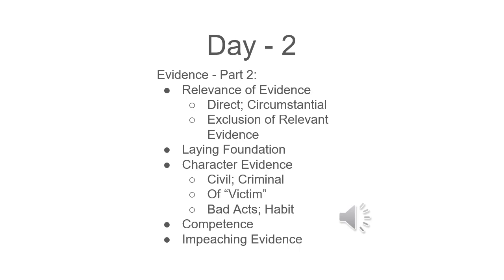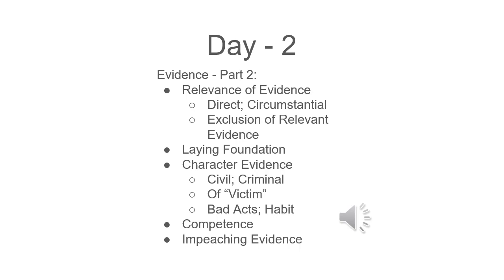The witness's character for truthfulness may only be bolstered after it has been attacked. Here again, the witness may generally not be asked about specific instances of conduct, but the witness may be asked about them on cross, except for arrests.